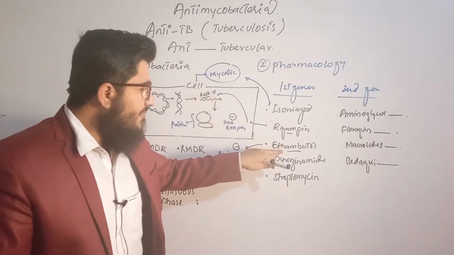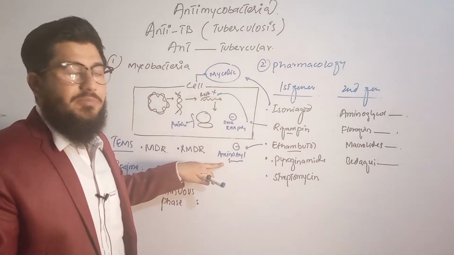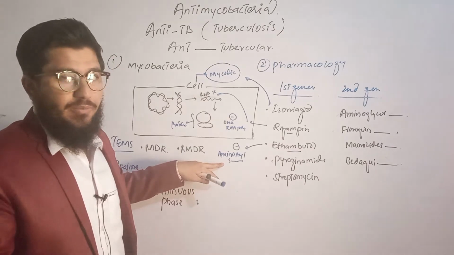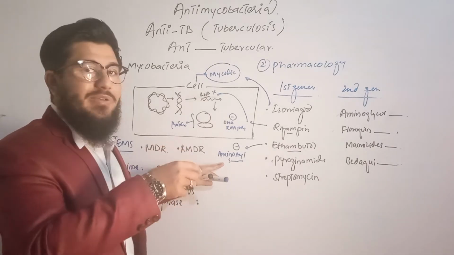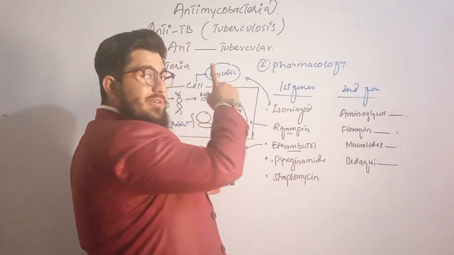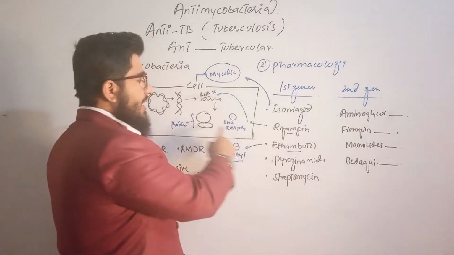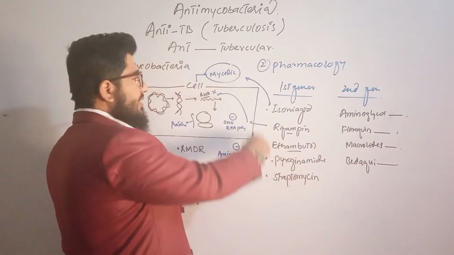So if we give ethambutol, it will inhibit this enzyme, then they won't synthesize arabinogalactan, which is a component of the cell wall. Like this, we inhibited cell wall synthesis. By means of isoniazid, we inhibited cell wall synthesis. By means of rifampin, we inhibited protein synthesis at the end, okay? And by means of ethambutol, we are inhibiting cell wall synthesis.